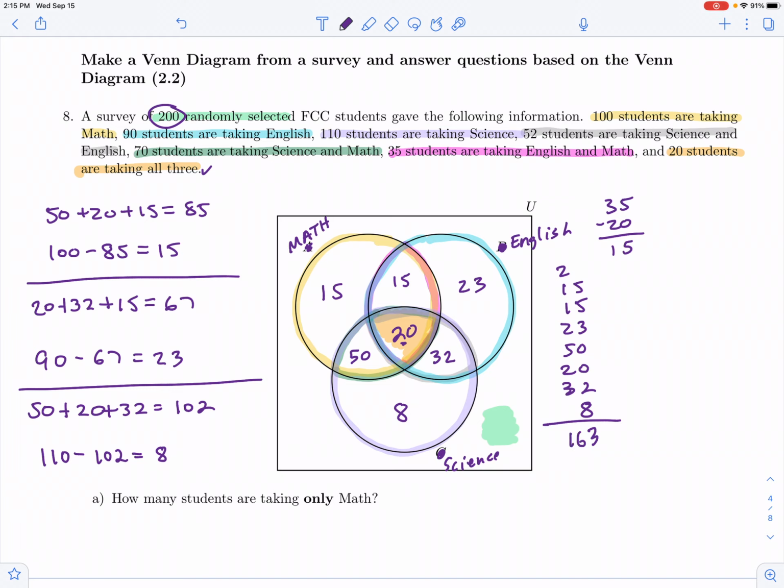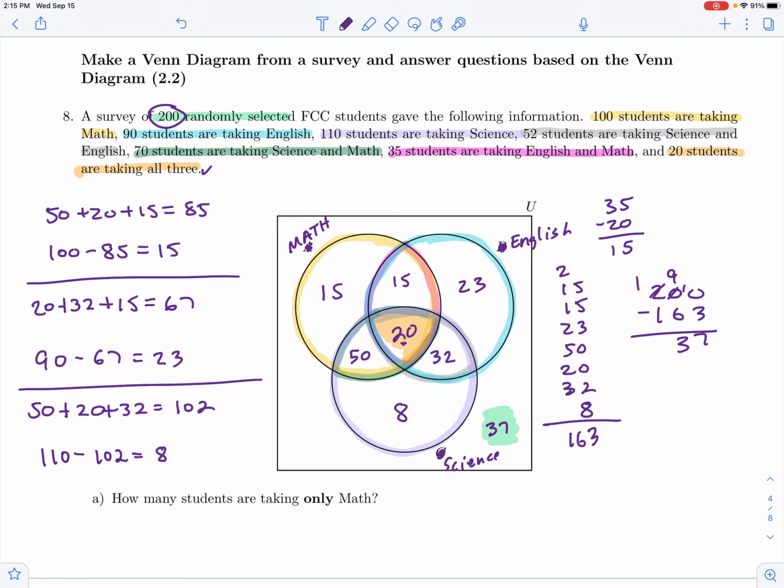So it looks like we've got 163 students accounted for at the moment. And so since there were supposed to be 200 total, if we do 200 minus 163, looks like there's 37 that are still unaccounted for at the moment.